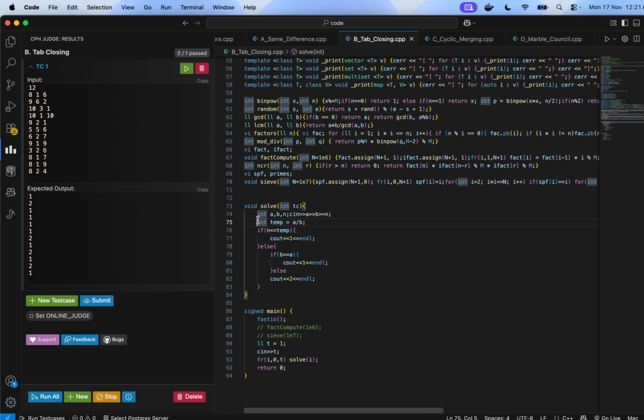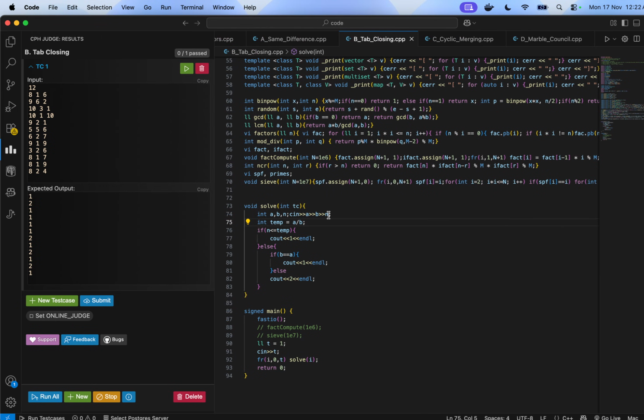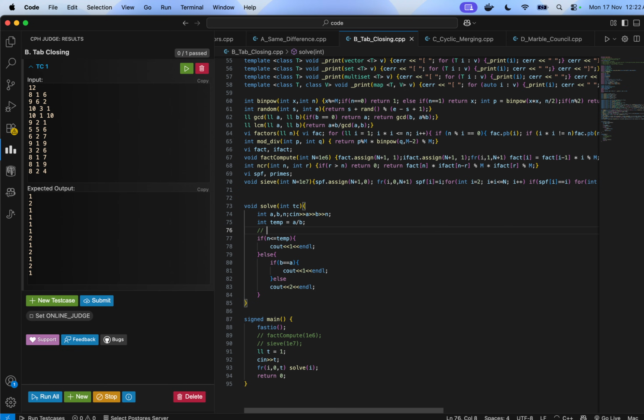Temp is A by B, which is equal to the critical point at which a tab switches from size A by M to B. Okay.